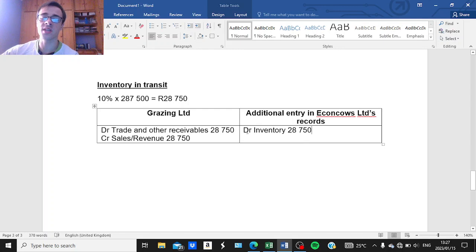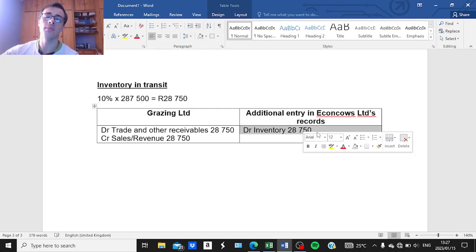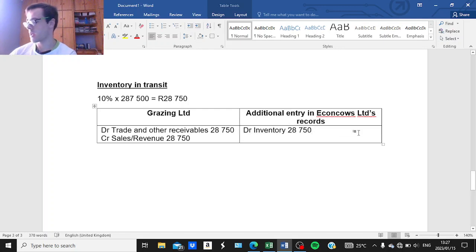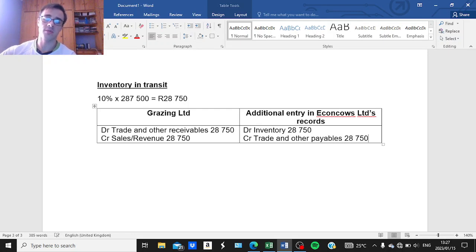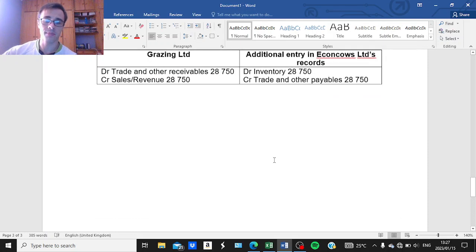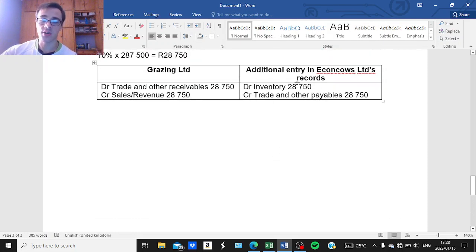So we need to increase inventory for Econ Cows Ltd by 28,750, and where we have debited trade and other receivables for the parent, we will credit trade and other payables for the subsidiary because that invoice still needs to be settled with Grazing Ltd. So therefore we will credit trade and other payables with 28,750. Okay, so let us account for this journal entry.